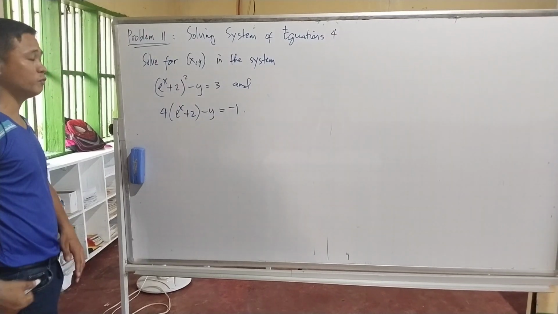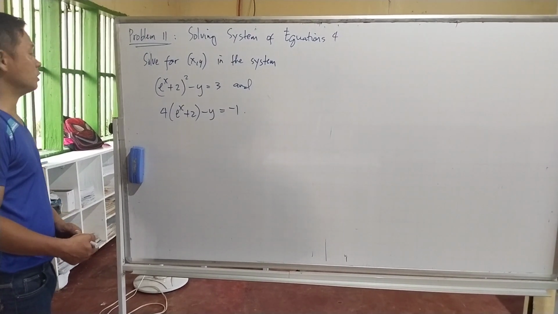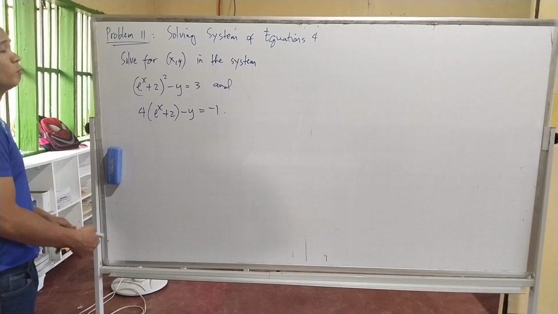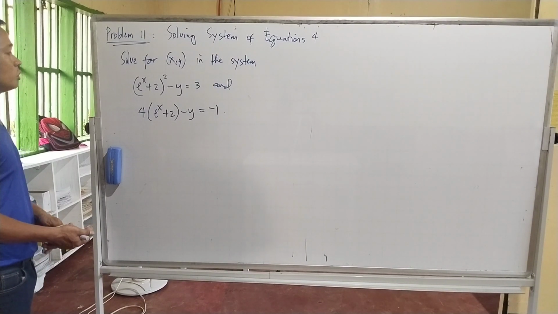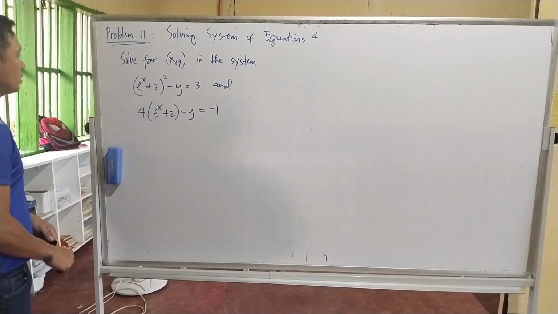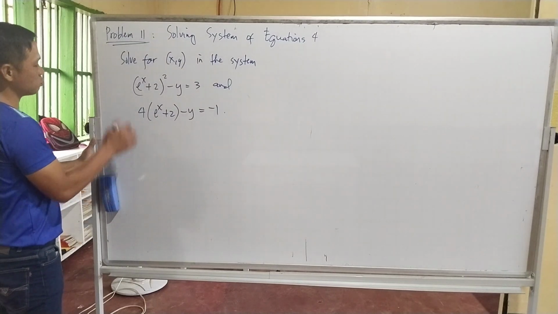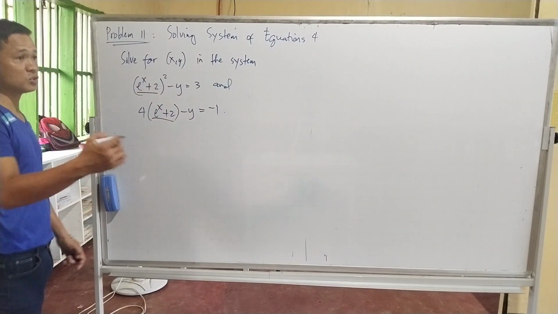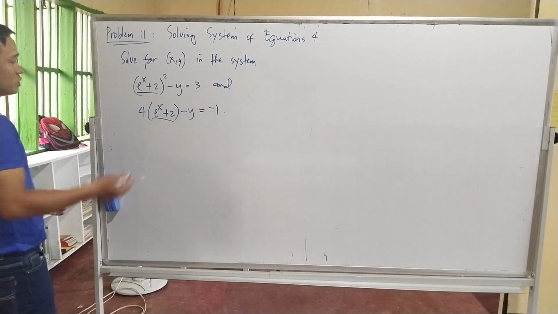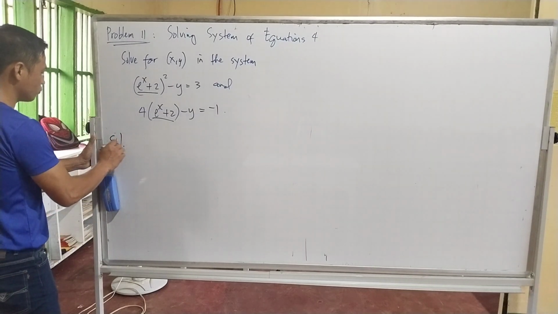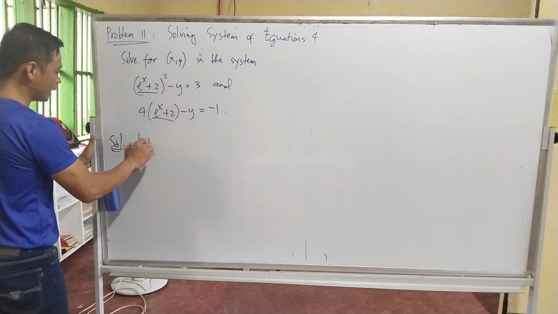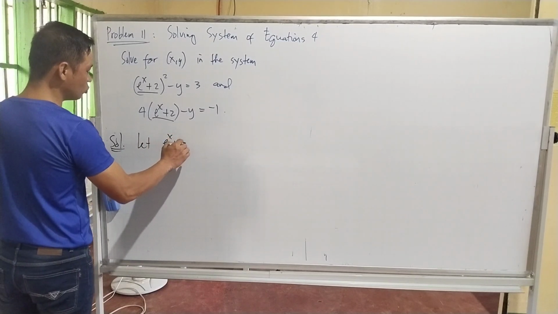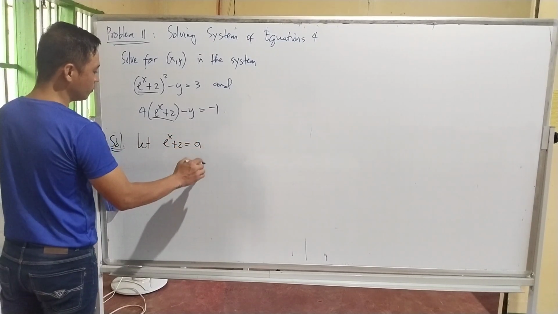As you have observed, the system is quite complicated, but we're going to make it simple by assuming the expression e^(x+2) to be equal to a certain variable. For the solution, we let the expression e^(x+2) be equal to a.